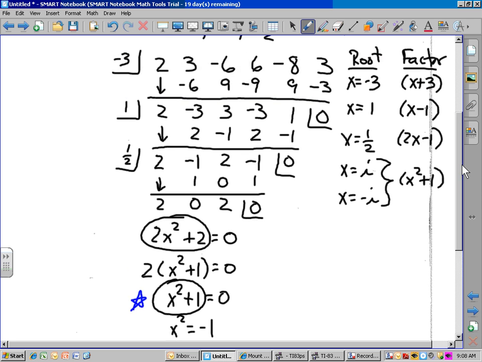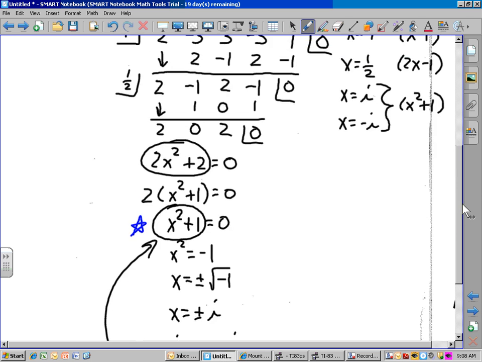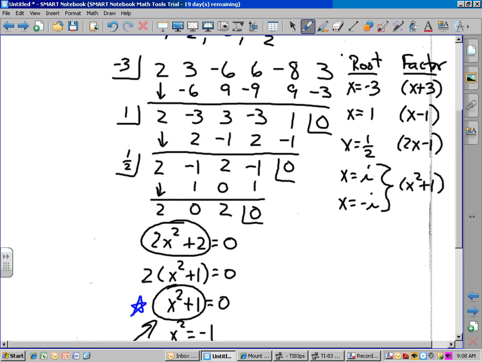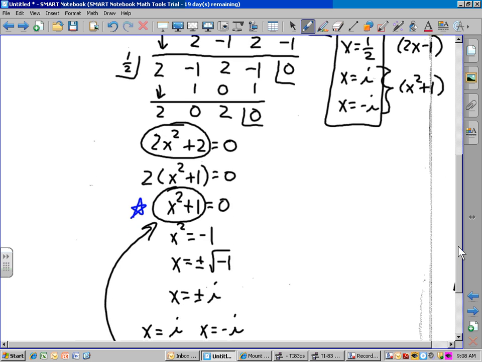Plus, if we did multiply this back out, we took this over, we got x minus i equals 0, we got x plus i equals 0, and we worked this out, we would get x squared plus 1. That 2 would not be there because it's not part of that. So, 5 roots. Rewriting the x to the 5th, I need to use my notes to write that one down.